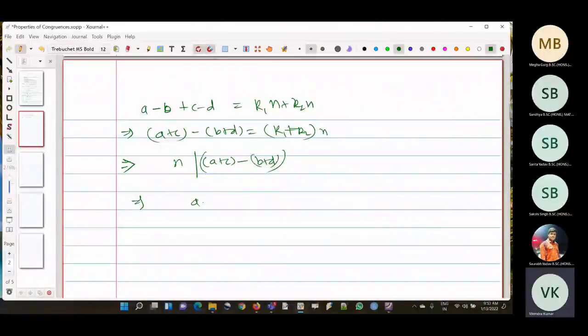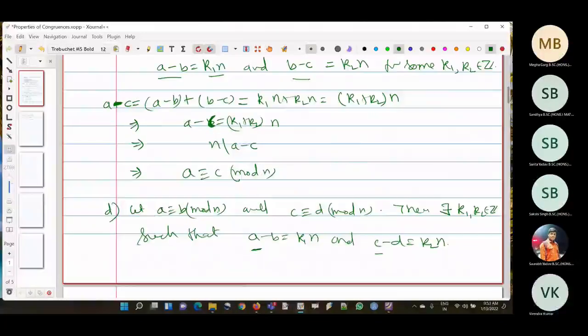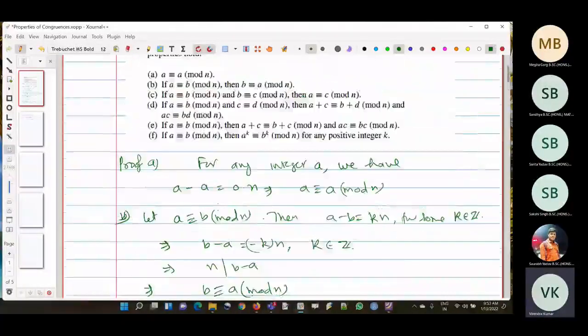And this implies that A plus C is congruent to B plus D modulo n. Okay. I think this was what we were supposed to prove. A plus C is congruent to B plus D modulo n.